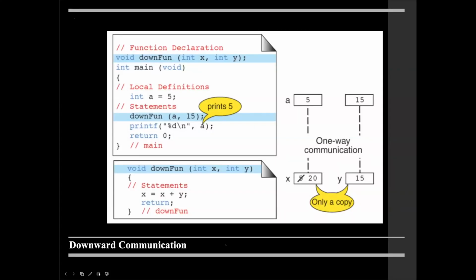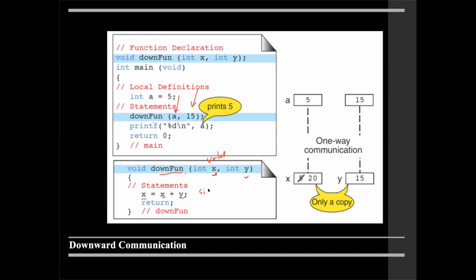This is a specific example illustrating what I was talking about earlier, pass by value. So when you pass a and 15 into this downstream function, this is passed by value, meaning only the value here. We're not talking about pointers or references here, simply just the value itself. Right now, we're making a change.